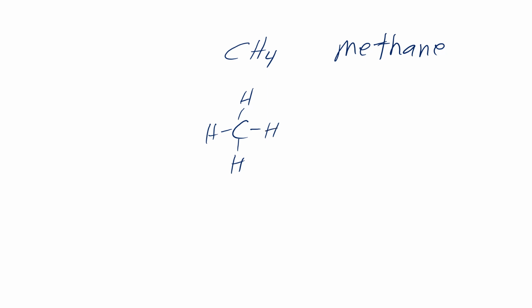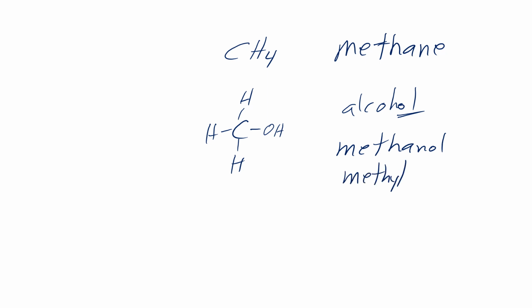Carbon picks up 4 more. Had 4, stable octet. It's good to go now. All right, we can do the same thing here. Let's get a hydrogen out of there and stick an OH group in there. And voila, we just made that an alcohol now. OL, the formal name of this now is methanol.